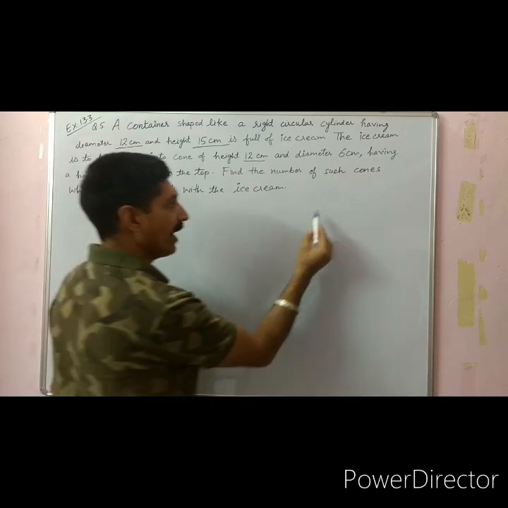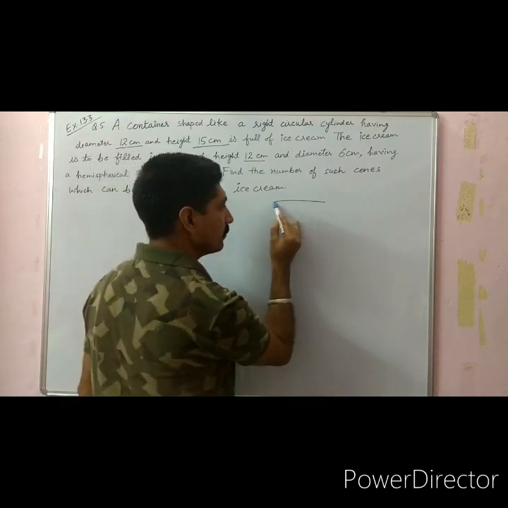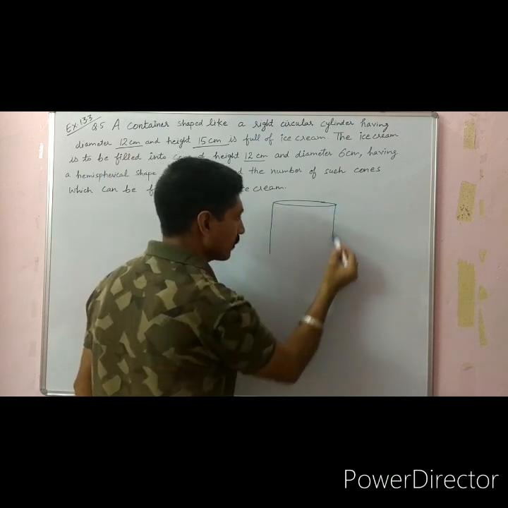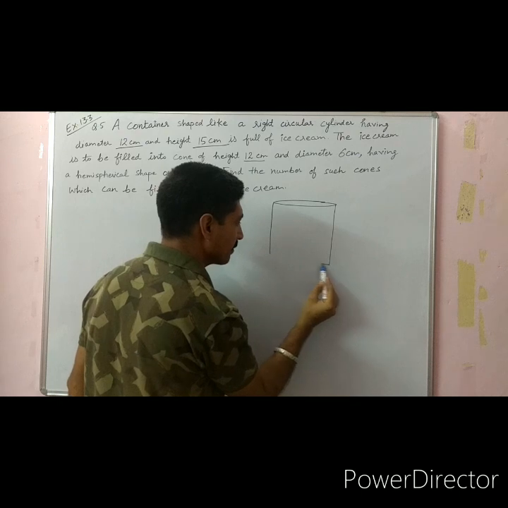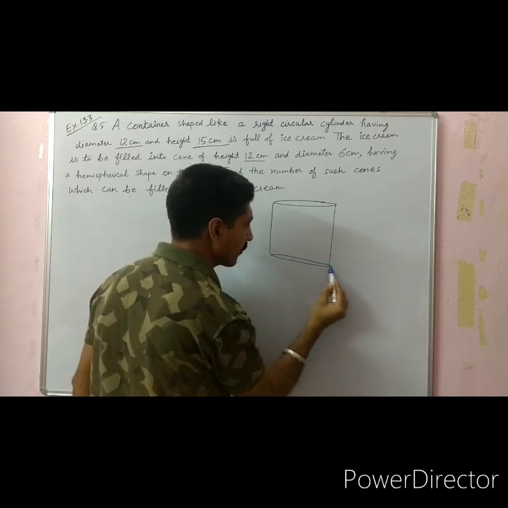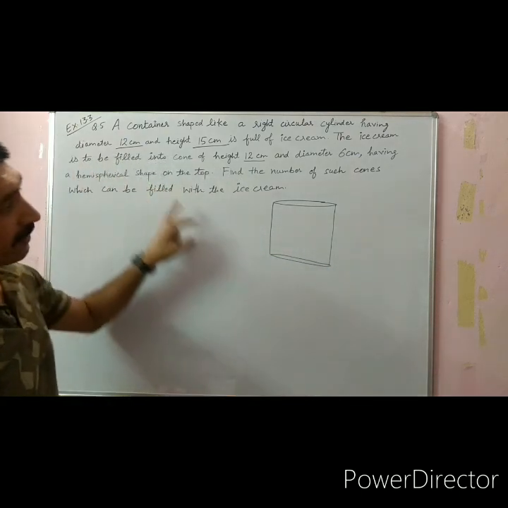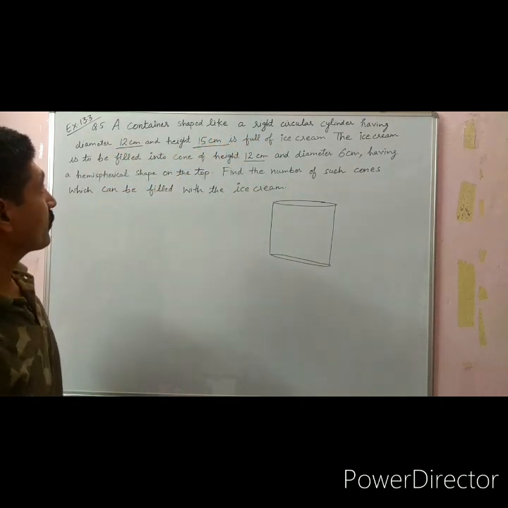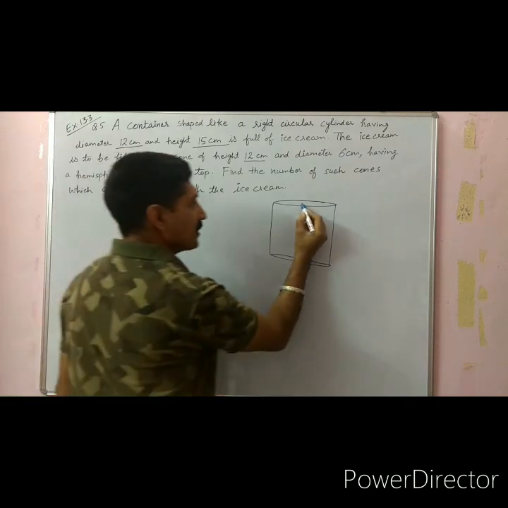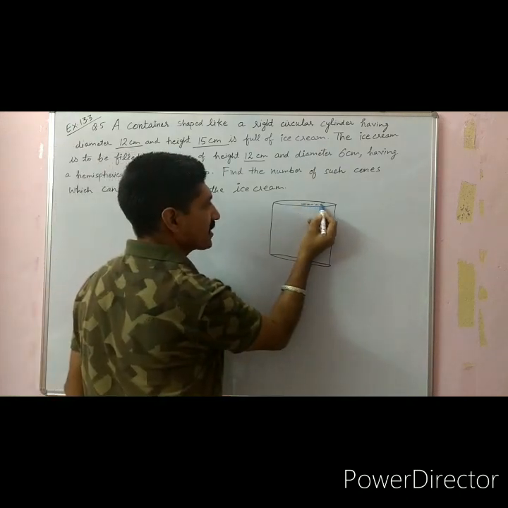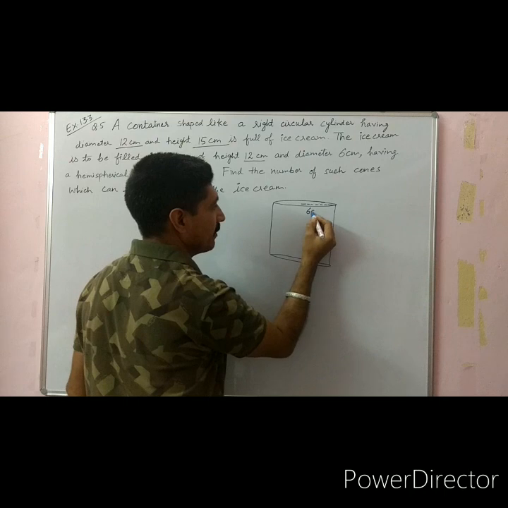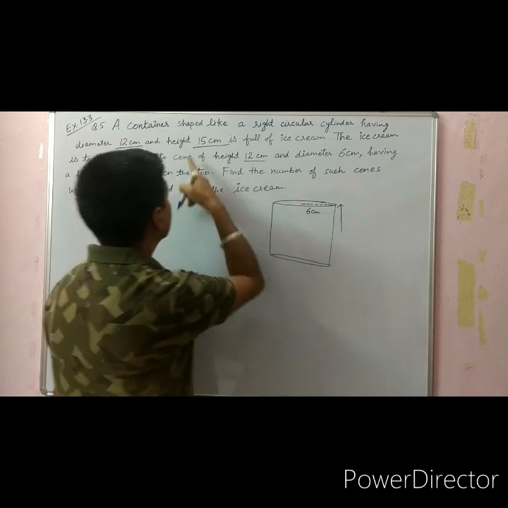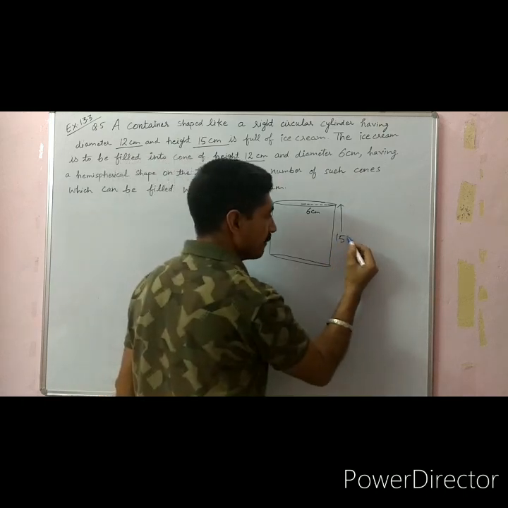So here we have one cylinder full of ice cream. Here the container is a right circular cylinder, diameter is 12, so its radius is half of 12, that is 6 centimeter, and the height here is 15 centimeter.